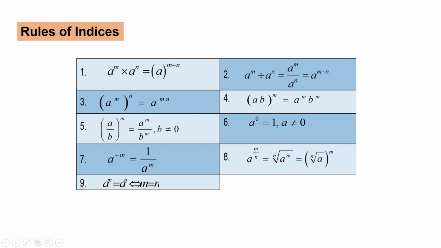And the last one, number 9, if a^m equals a^n, then m equals n.